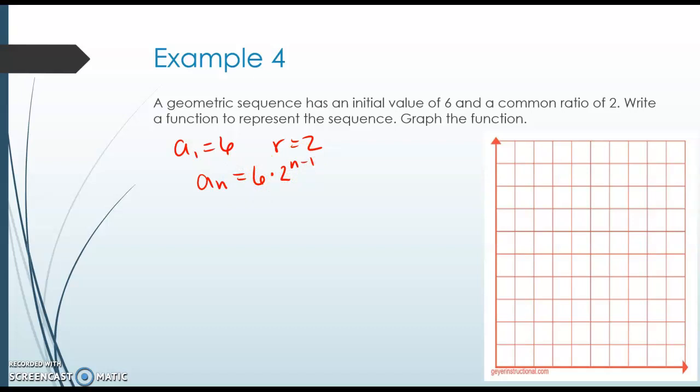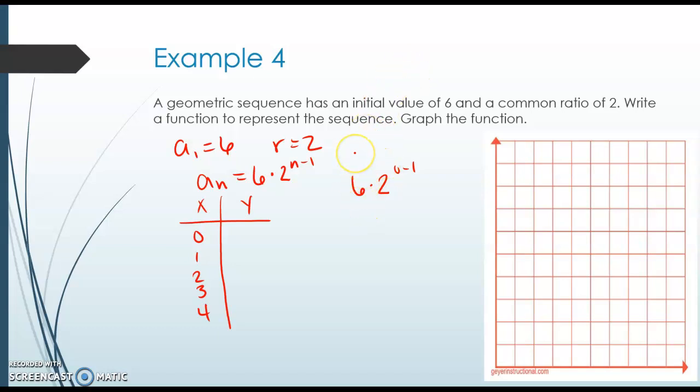So now I'm going to make myself a table of points. So we have x and y, and I'm going to start at 0, 1, 2, 3, 4 maybe, and then we're going to do 6 times 2 to the 0 minus 1.